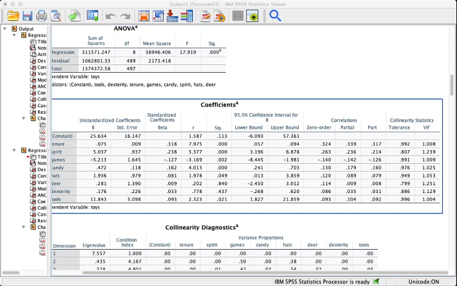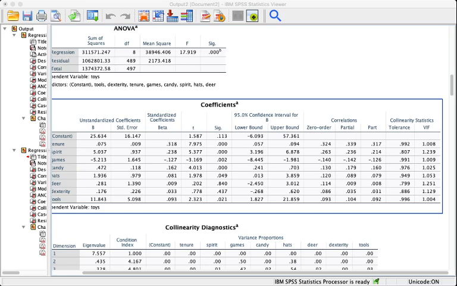For tolerance, we want it to be above 0.1, and we want VIF to be below 10. When they're normal, they'll both be around 1. As we see, nothing is below 0.1, nothing is above 10.